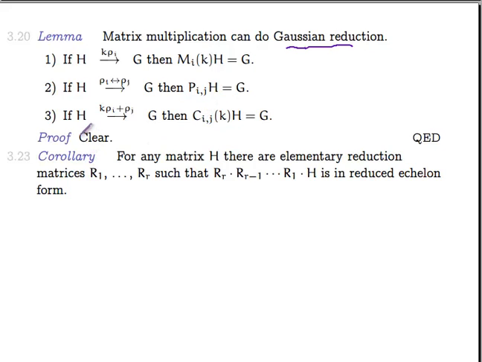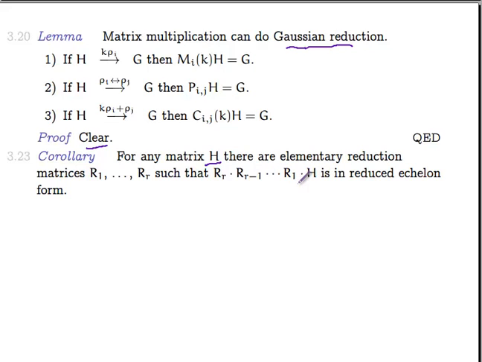I wouldn't say it's so clear, but hopefully after the explanation you can understand that. So for any matrix H, there are elementary reduction matrices R1 through Rr, such that Rr times Rr minus 1 times ... times R1 times H is a reduced echelon form.